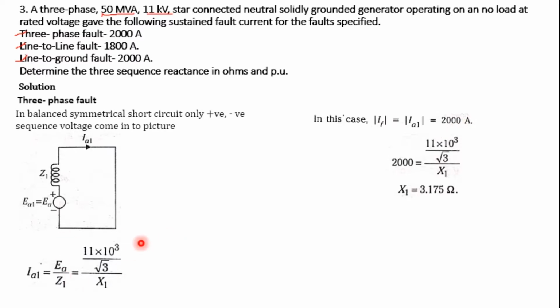Substitute these values in this equation: 2000 is equal to 11 into 10 to the power of 3 divided by root 3 divided by X1, and we will get the value of X1. So from the three-phase fault we can calculate only the positive sequence reactance. What is the X1 value here? It is 3.175 ohm.